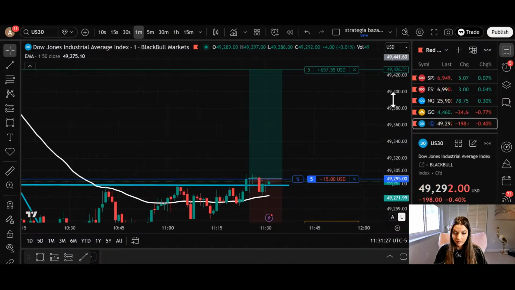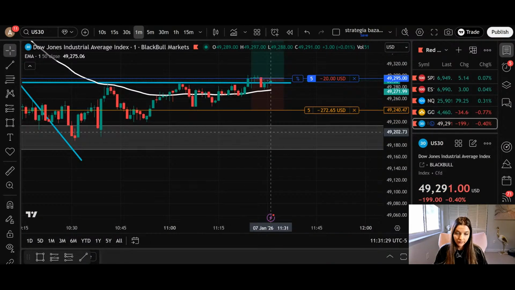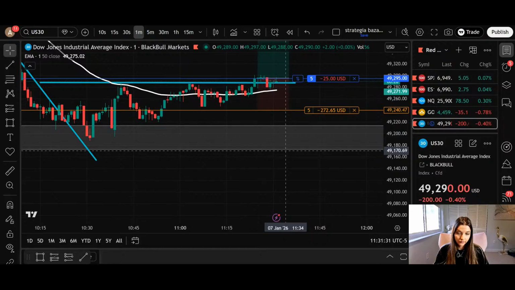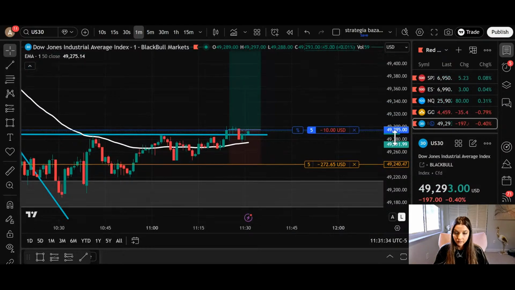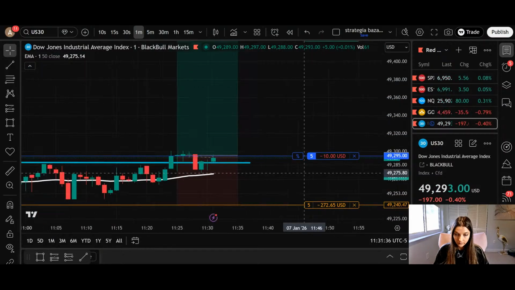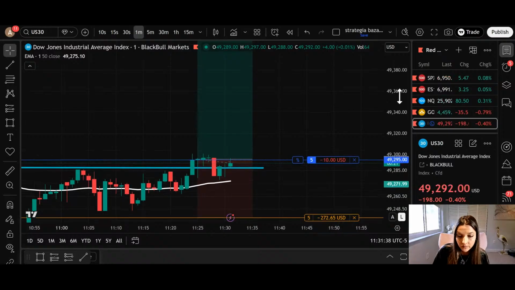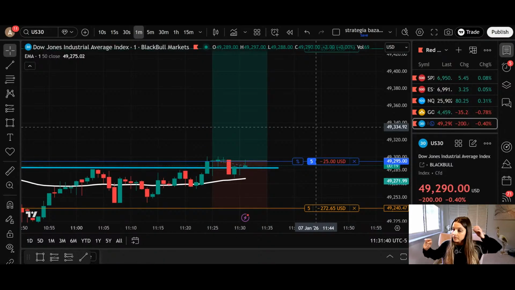Below the EMA or below the area? Change your mind.